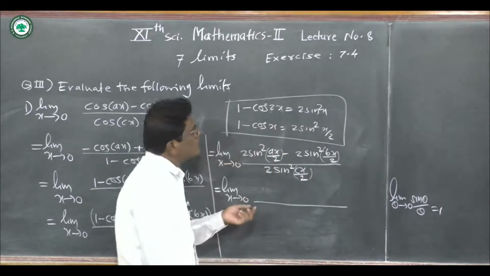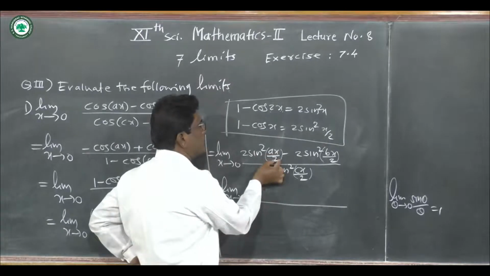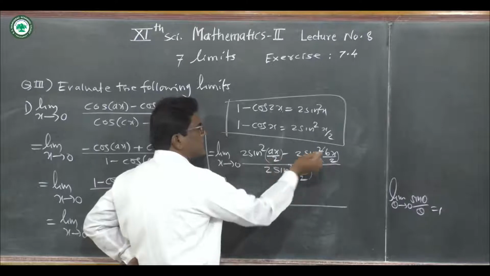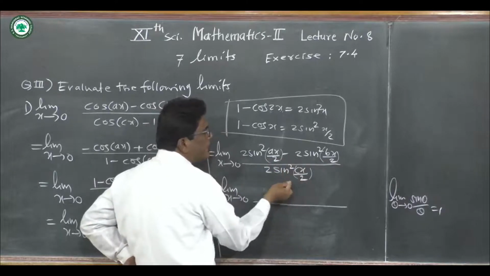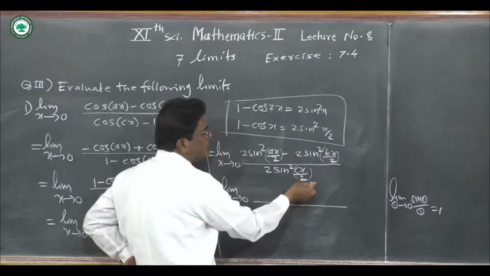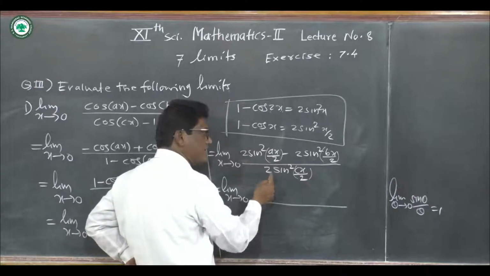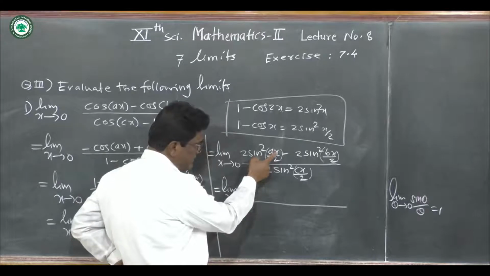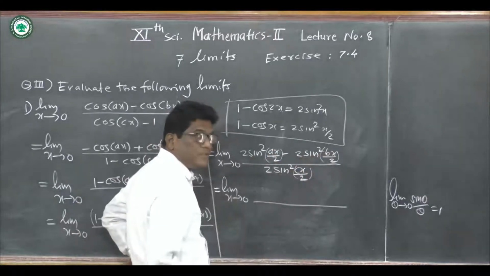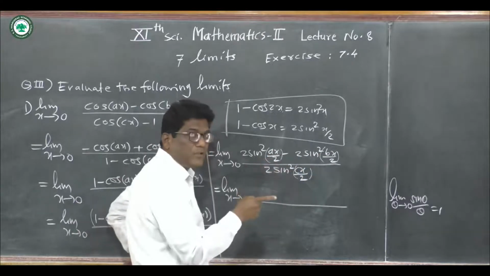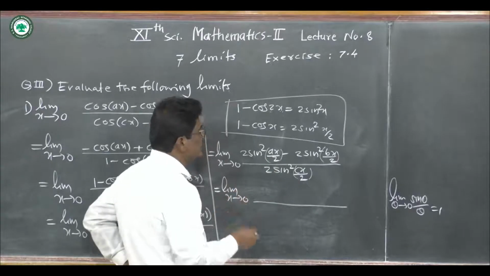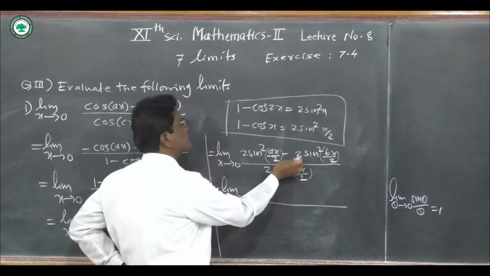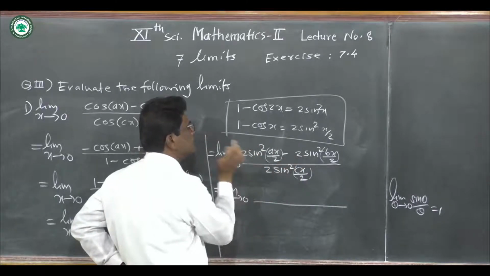We know sin theta upon theta, theta tends to 0, value is 1. Now here ax upon 2, here bx upon 2, here cx upon 2, all terms should be divided by x square. So we divide this denominator by x square, also numerator by x square, because here x, here x, here x, here x. That is common requirement of numerator and denominator. Also this 2 we take common and cancel this 2.